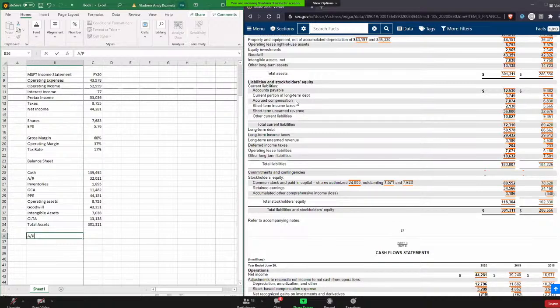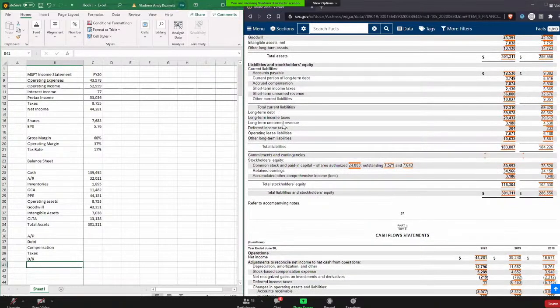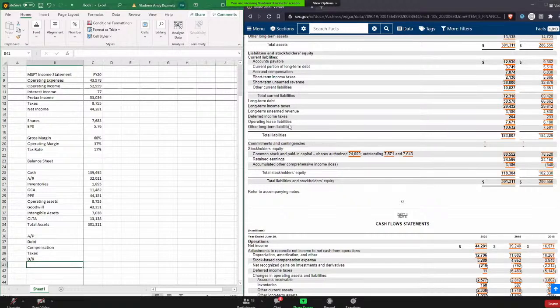Debt. Compensation. Let's see, taxes. Deferred revenue. Then we have, let's see, taxes under revenue. Let's call that other, hold on, long-term debt. I need to put debt here somewhere.